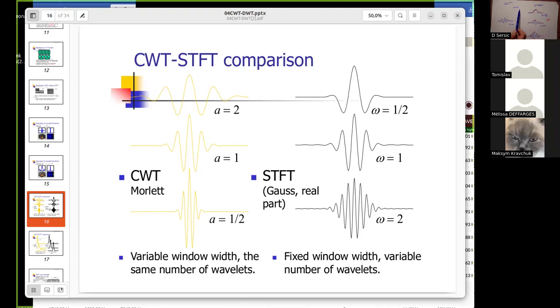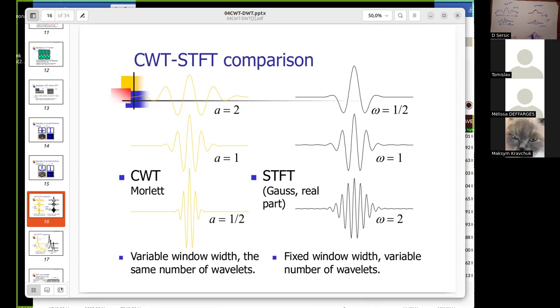So what happens here? If the scale is equal to 2, this guy will be expanded to double size, 2 times longer than this guy.